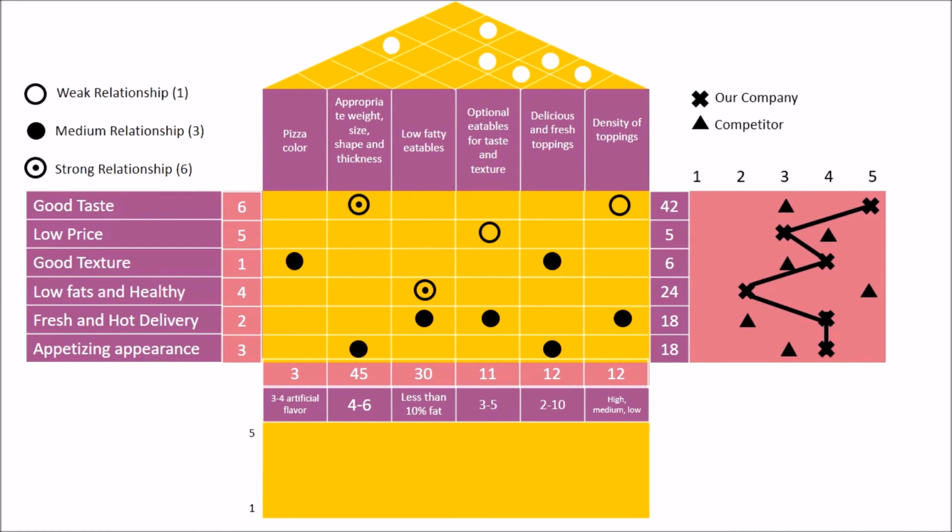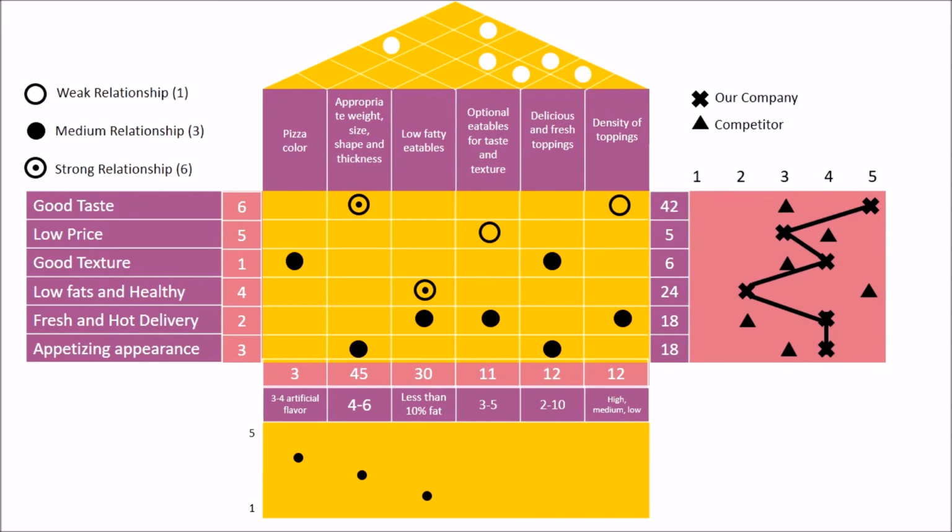So for pizza color, for which the target is having 3 to 4 artificial flavors, we achieve our target somewhere near 4 or 3. And for the second target, having 4 to 6 variants of pizza, we stand at 3. And for low fatty eatables having less than 10% fat, we stand at somewhere near 2.